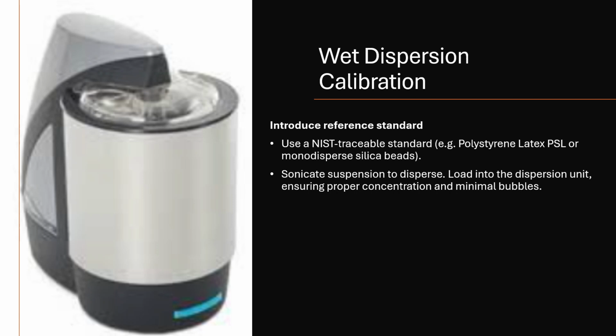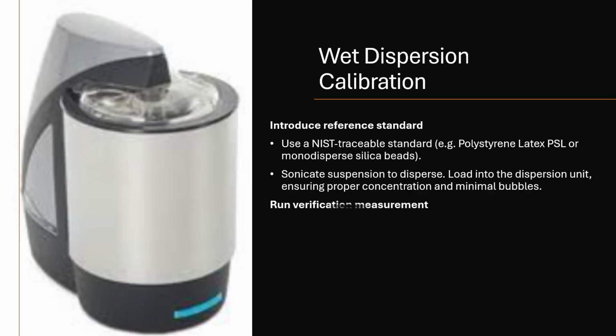While you are putting that standard into the equipment, into the hydro unit, you need to take care that there are no air bubbles, because the air bubbles will be captured by the light, so it may impact your results, right?